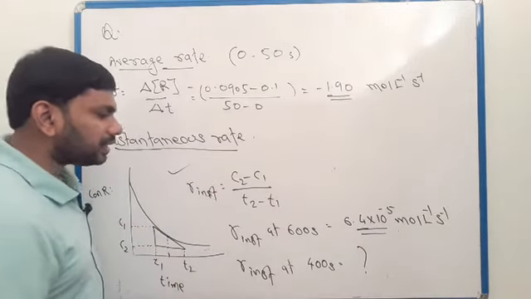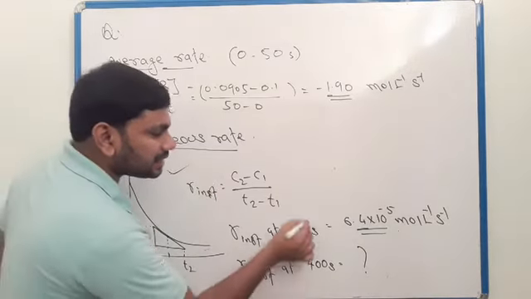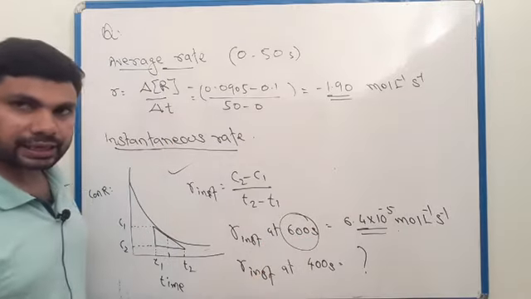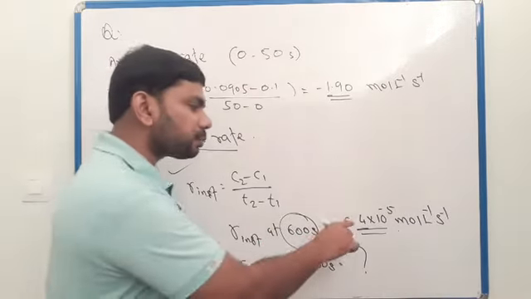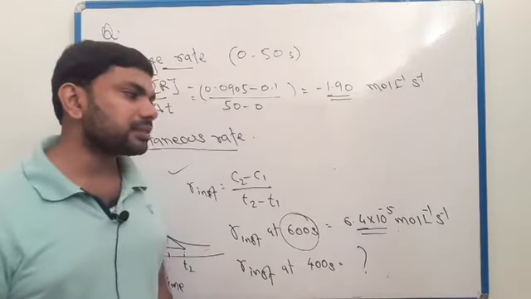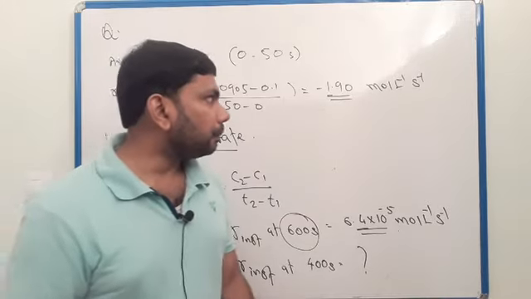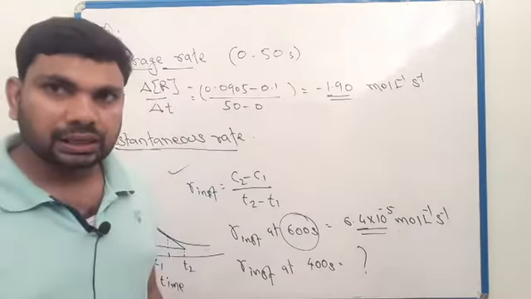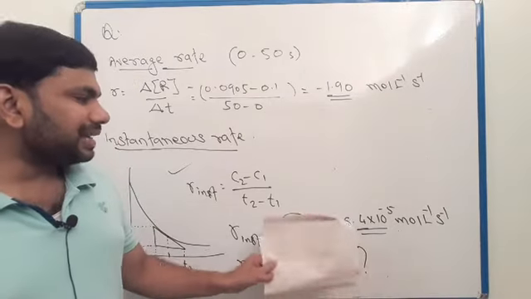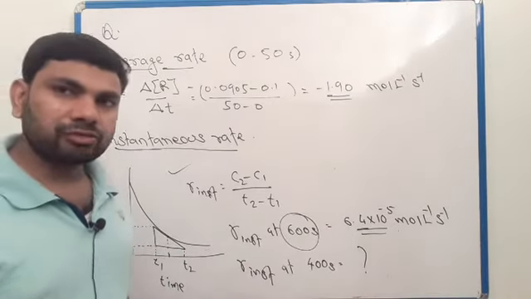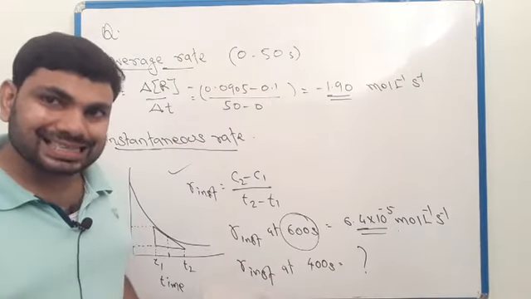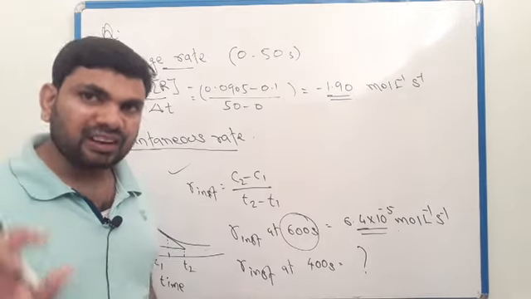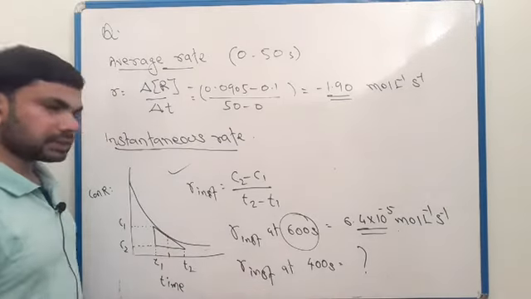When you find the instantaneous rate at 600 seconds, your answer will be 6.4 into 10 raised to minus 5 mol per liter per second. So this is the instantaneous rate at 600 seconds. To find the instantaneous rate, take a graph paper and do it like this.